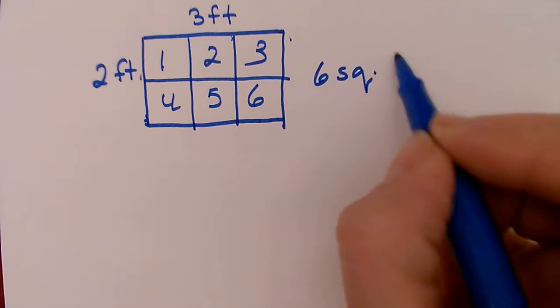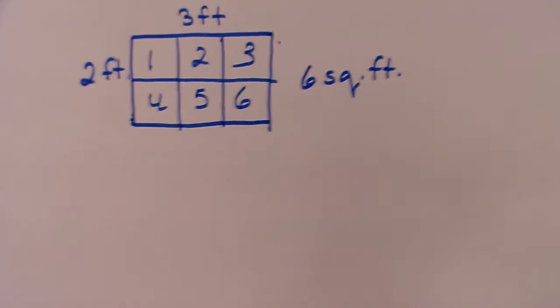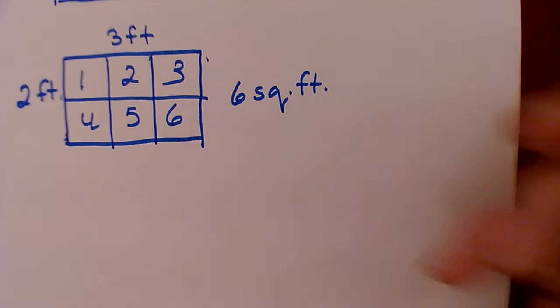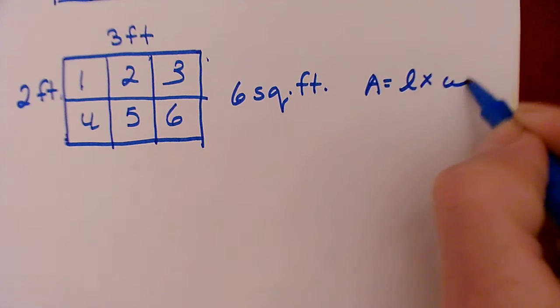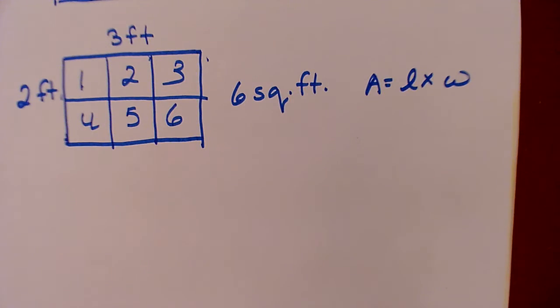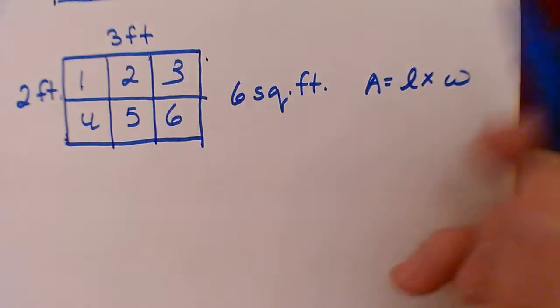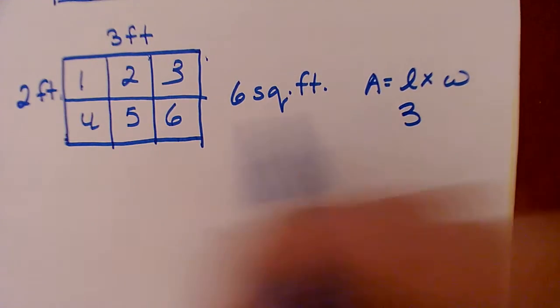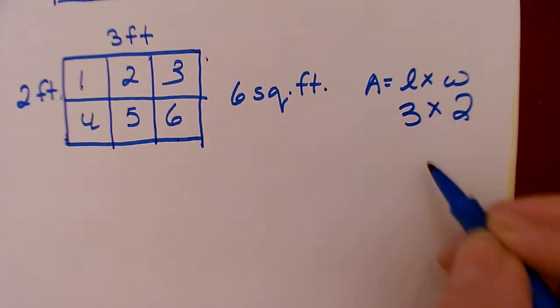But now I want to remind you that there is a formula that we could use to find the area of things. We can say that area is equal to length times width. I'm going to use the lowercase, in cursive, because I find that L to be very confusing. Our length is 3 feet and our width is 2 feet, and 3 times 2 is 6.